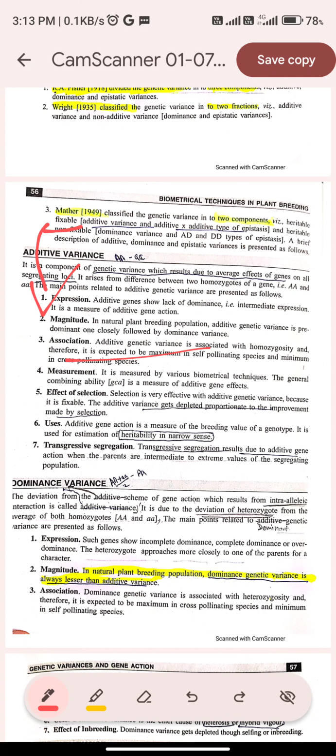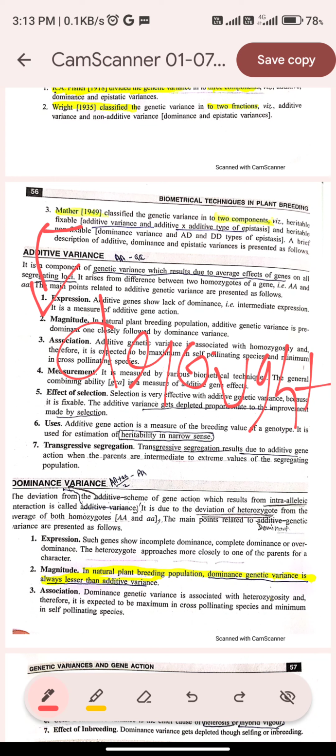Suppose any character in plants, like any genetic resistance, like drought resistance. That may be due to any morphological character you have selected.